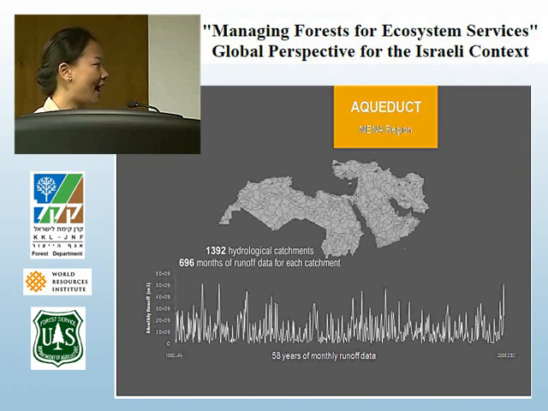And to present you the power of our data, to give you an example, here is the Middle East and Northern Africa region. We divided our data into over 1,000 hydrological catchments, and we've gathered data from over 50 years of monthly runoff data from NASA.